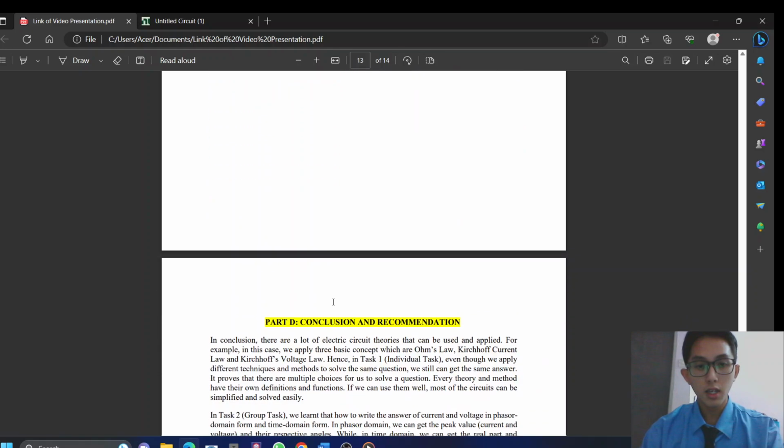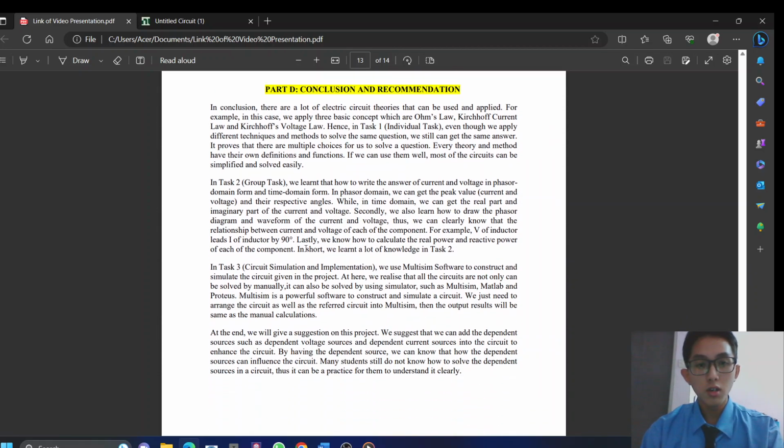Then for the conclusion, I have written down the electric circuit theories that I have used and applied, like Ohm's law, Kirchhoff's current law, and Kirchhoff's voltage law.